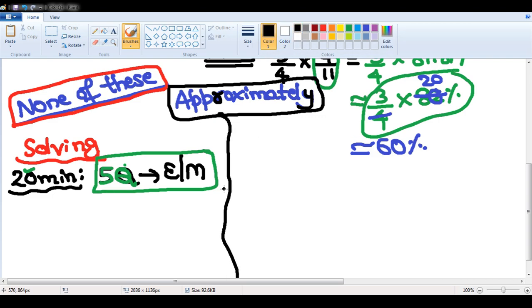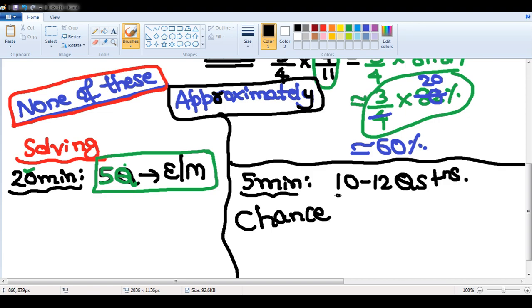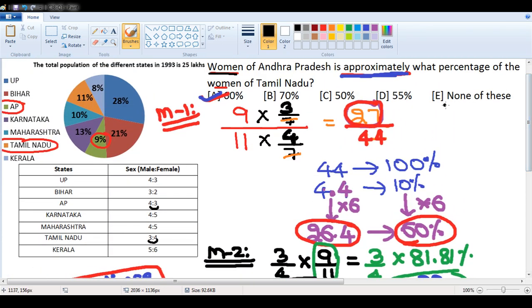But the reverse case says that probably you have only 5 minutes of time available in the examination, but there are some 10 to 12 questions pending. This time you should take a chance. This is the time where you need to take chances in your examinations, and do not think about this person called none of these who will always trouble in your life.